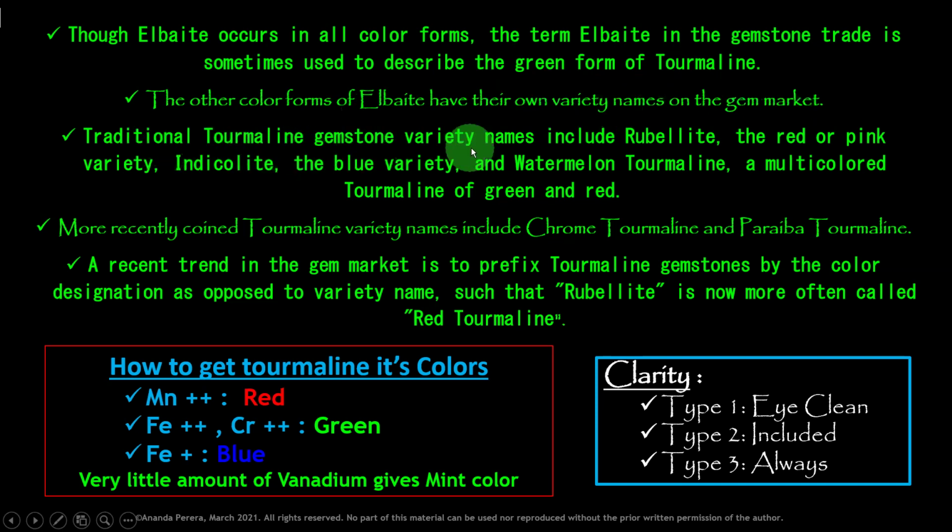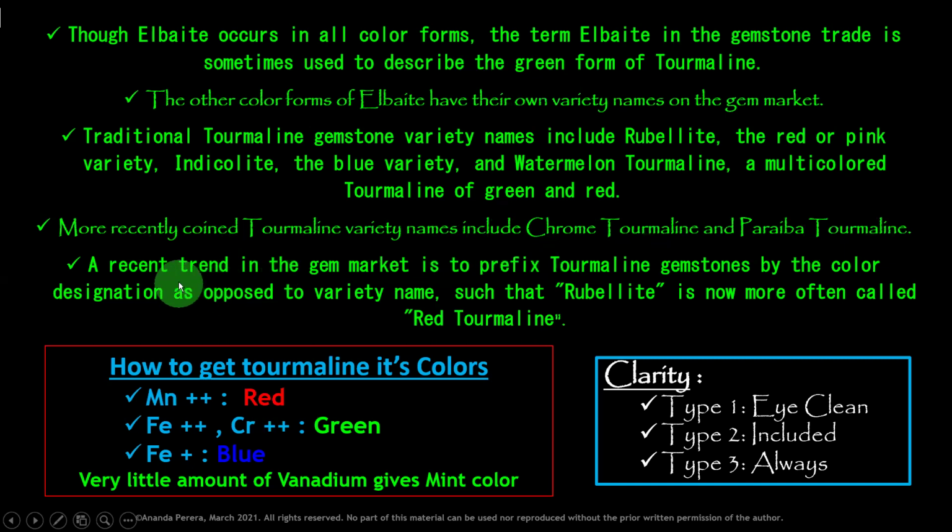Traditional tourmaline gemstone variety names include rubellite, the red or pink variety, indicolite, the blue variety, and watermelon tourmaline, a multicolored tourmaline of green and red. Those are elbaite. More recently coined tourmaline variety names include chrome tourmaline and Paraiba tourmaline.